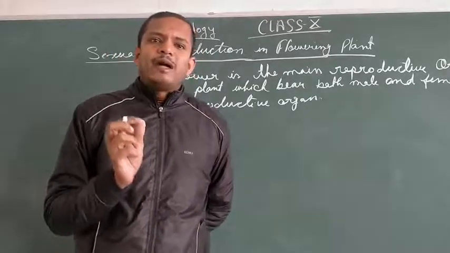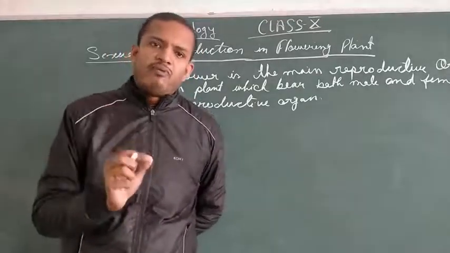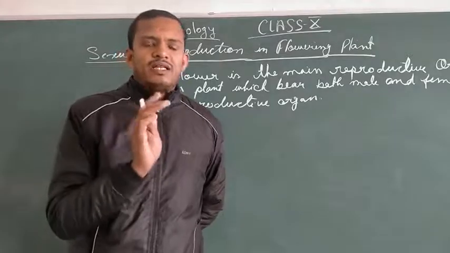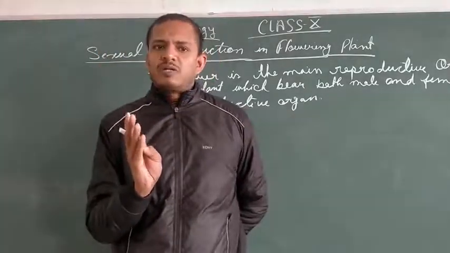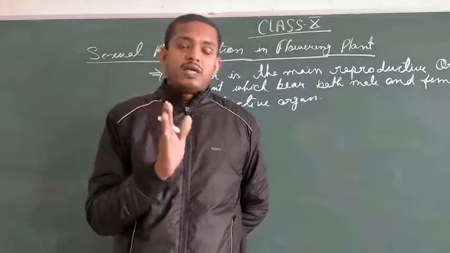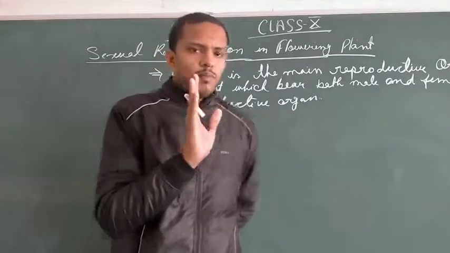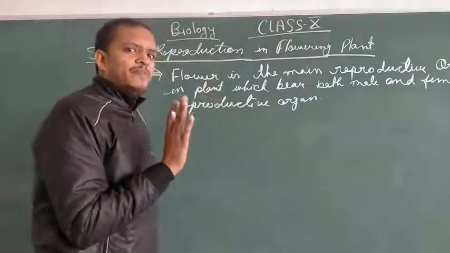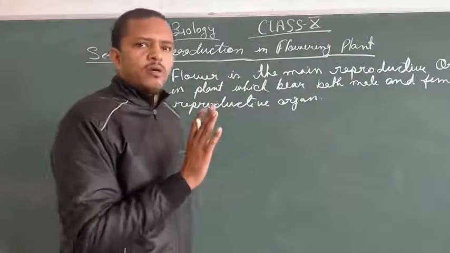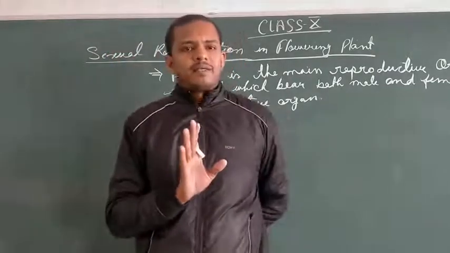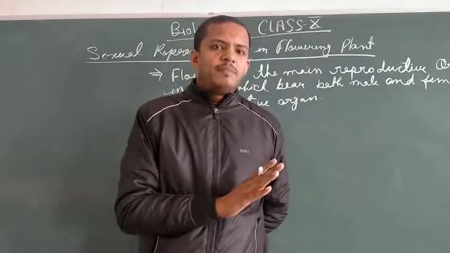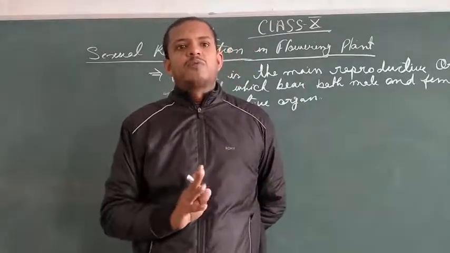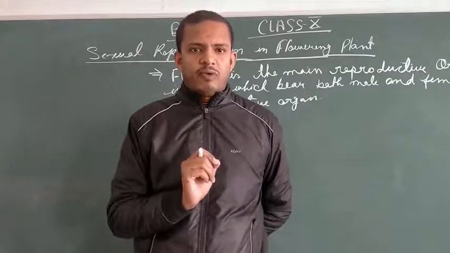Now depending upon the presence of male and female parts, we can divide flowers. If both the sex organs, male and female, are present, that is known as bisexual flower. And if only one, either the male part or the female part, is present, that is known as unisexual flower.